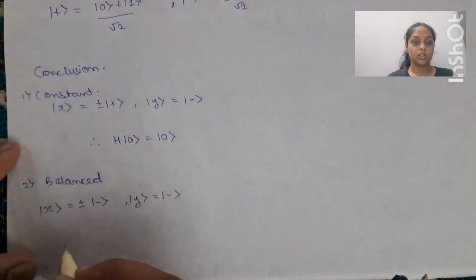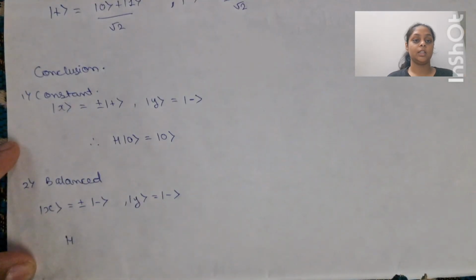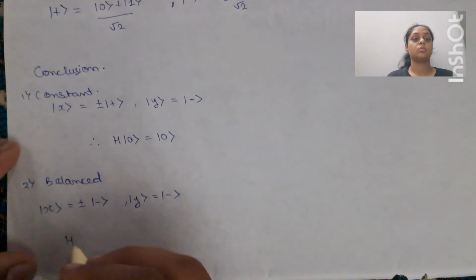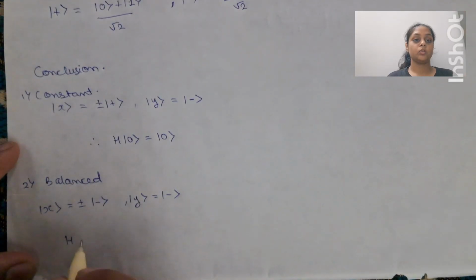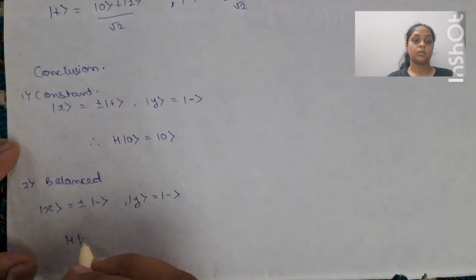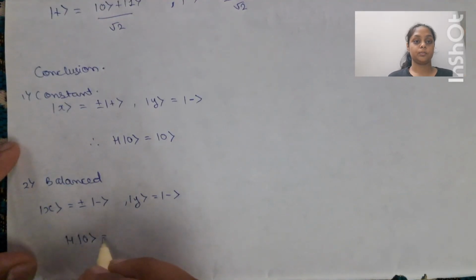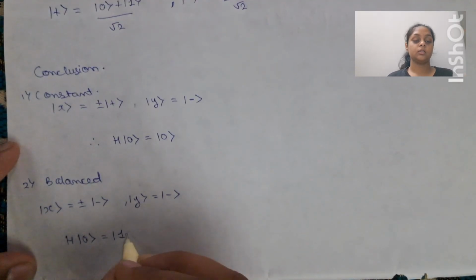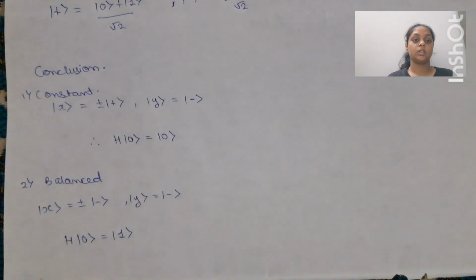Therefore, applying Hadamard gate to the first qubit converts it into |1>, which gives us the 100% probability of getting |1>.